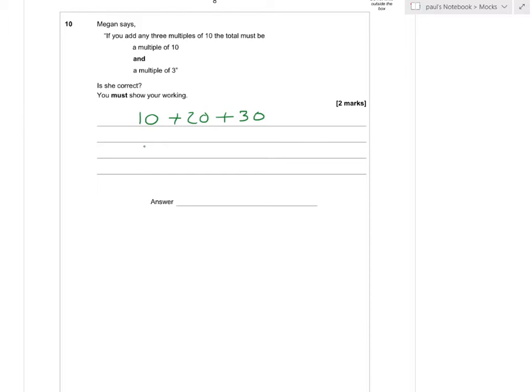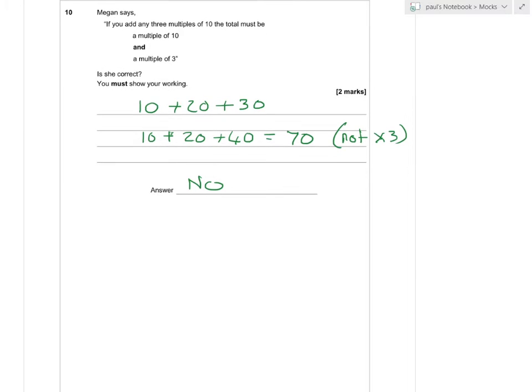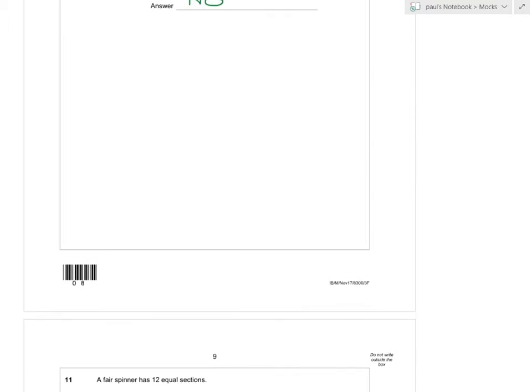But what happens if you do 10 plus 20 plus 40? That equals 70, which is not a multiple of 3. So, no. It's only correct if it's a multiple of 30, isn't it?